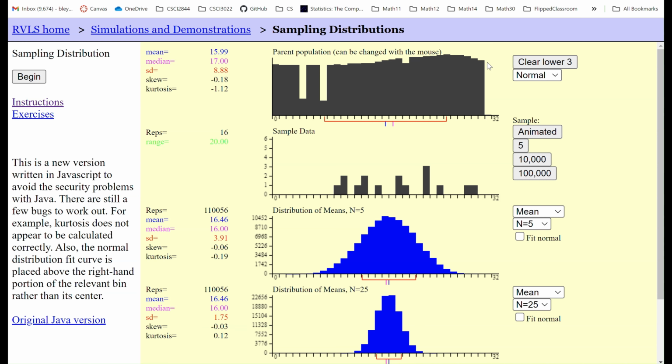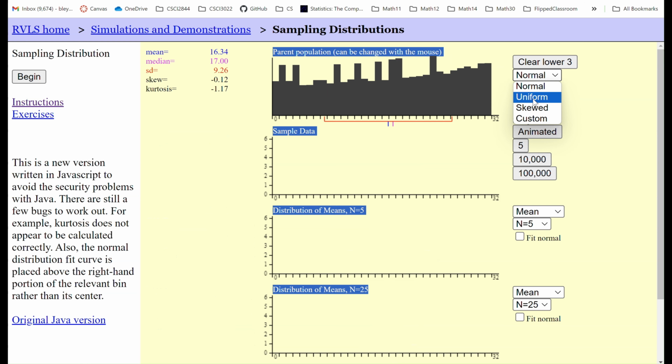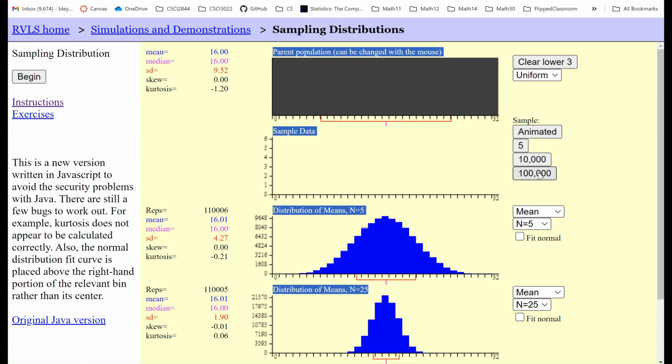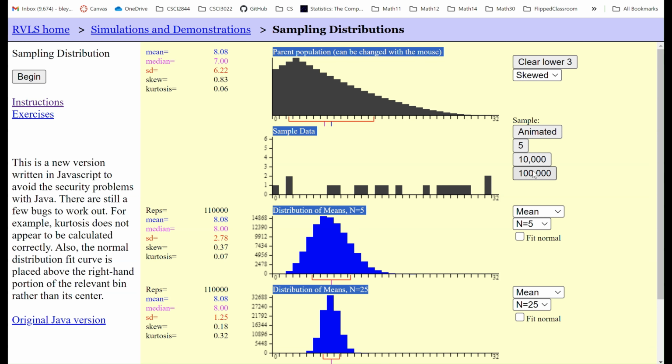Now, I did this again with this weird one, but I can do any distribution here. So if I clear these, and I really recommend that you do this, just start playing with it and you're going to see, oh, there goes that normal curve again. I can also do very skewed, do the same thing, and there comes my normal curve again. So it's pretty amazing.